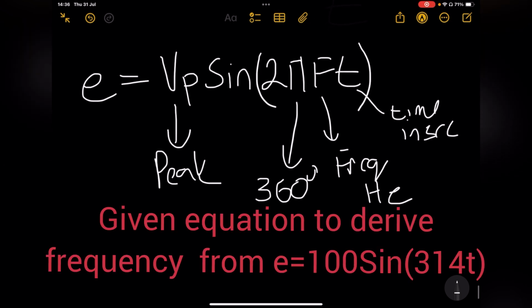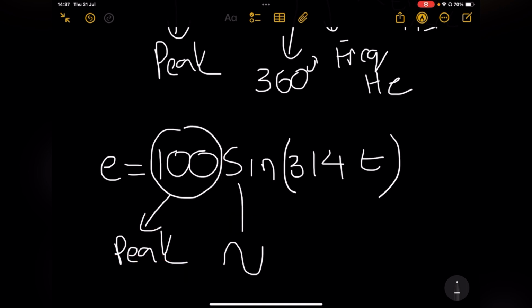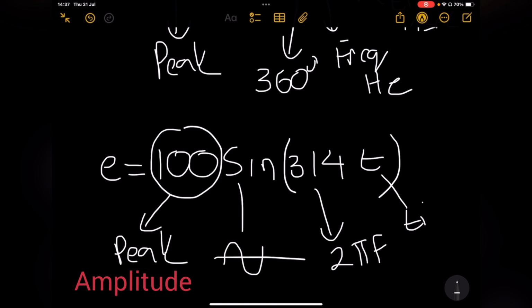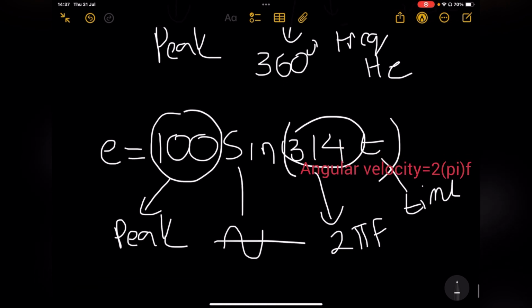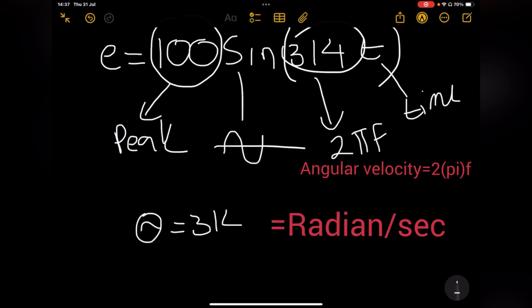Alright. So if I give you this, 100 over here is the peak of the waveform. This over here is just the waveform formula. And then this over here is expressed as 2 pi f. And this over here is time. So we have our value for 2 pi f, which is angular velocity over there, which is 314.